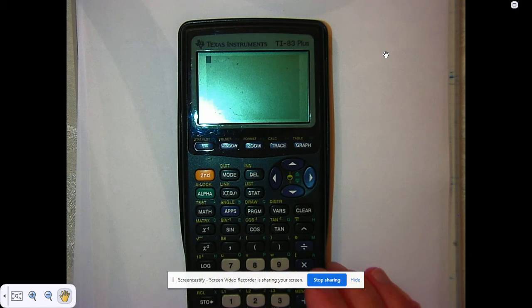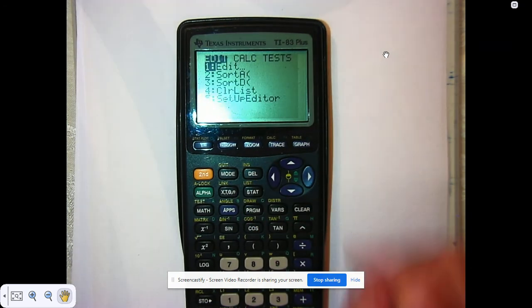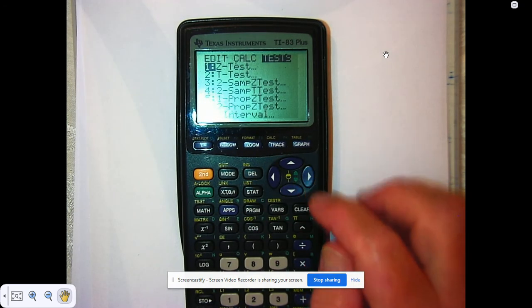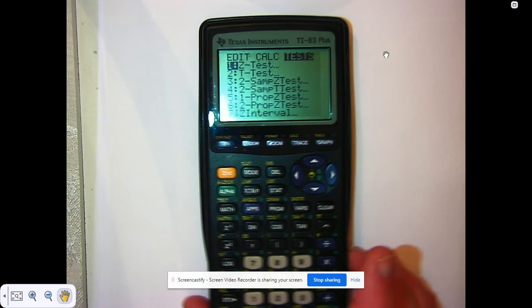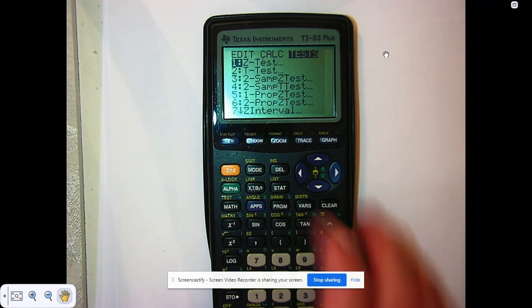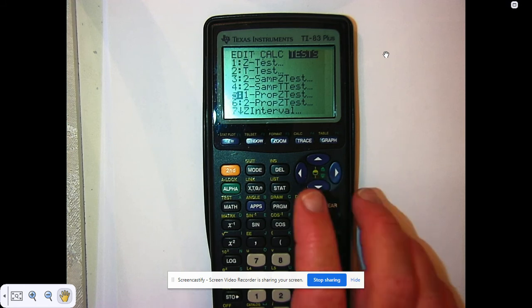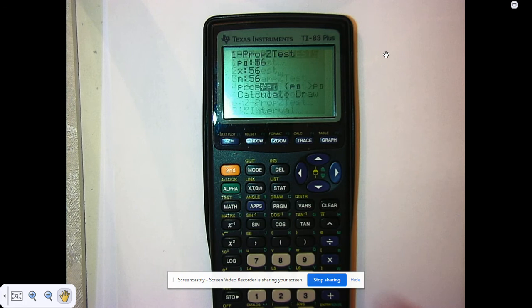Okay, so what we want to do is go to stat, go to tests, and then, a lot of glare there. So now there's not. We want to go down to the one proportion z-test. I've got some weird numbers in there. That was something else.